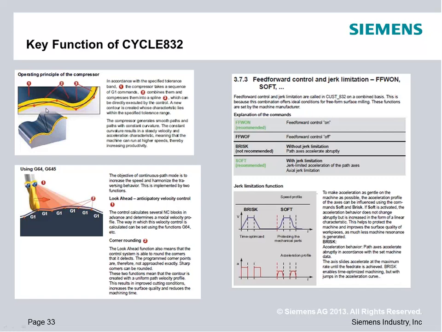Now, what is the value really doing? In CYCLE832, we're turning on what we call a compressor. What a compressor does is take these point-to-points that you just gave it in the part program, and we transpose a spline or a curve through all of these points, because we're trying to figure out what the original curve of the part was in the first place. CAM systems have a hard time outputting splines, yet the data they store in their system is actually a spline.